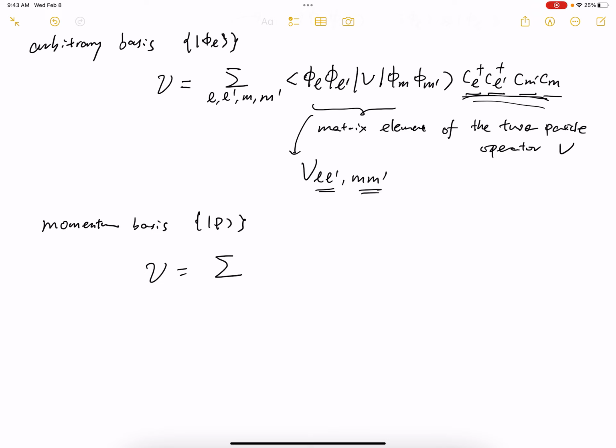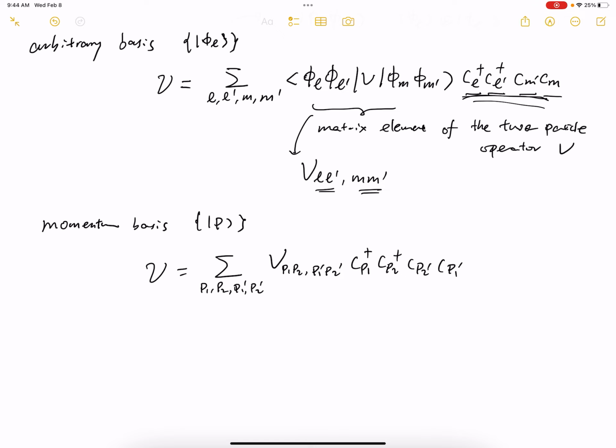Instead of using L and M, I'm going to use P1 and P2, P1 prime, and P2 prime. Then I'm going to have a matrix element, which I can call P1, P2, P1 prime, P2 prime, and then I have C_P1 dagger, C_P2 dagger, C_P2 prime, and C_P1 prime.